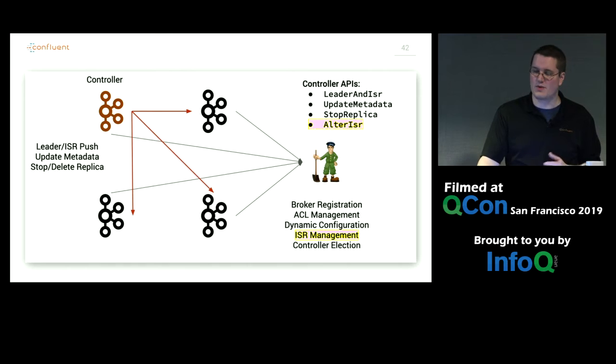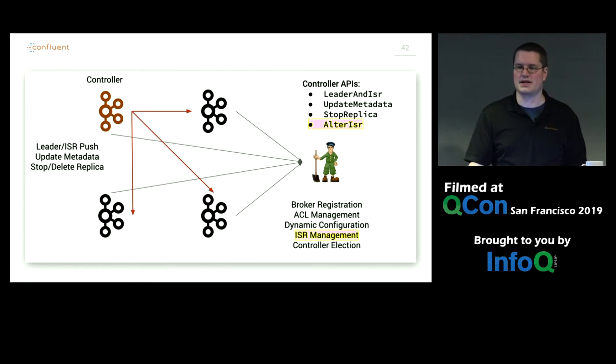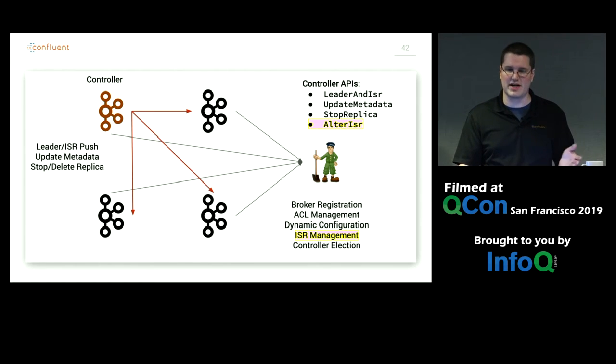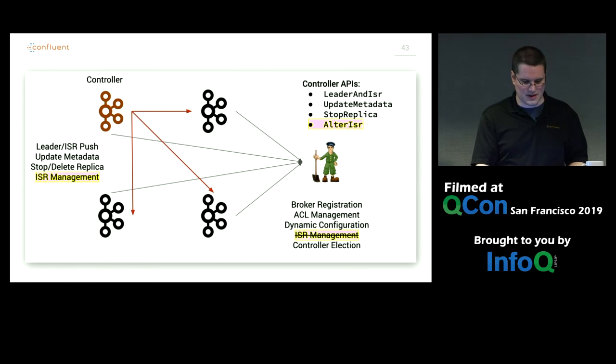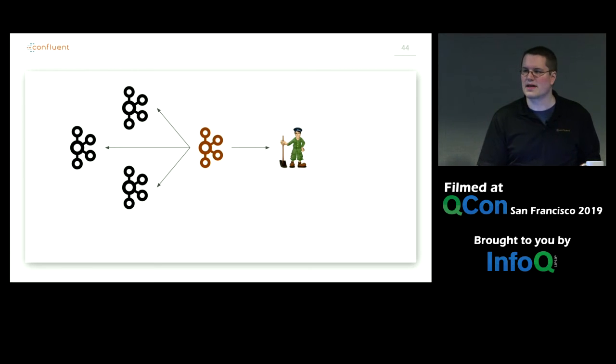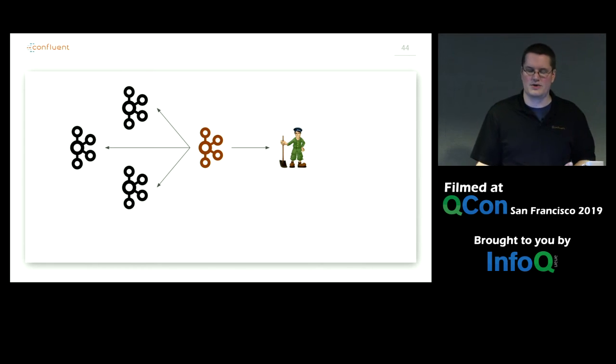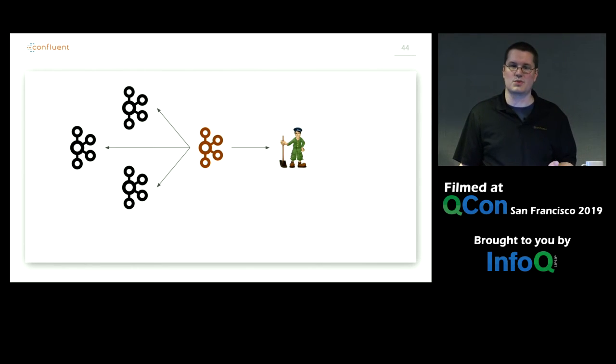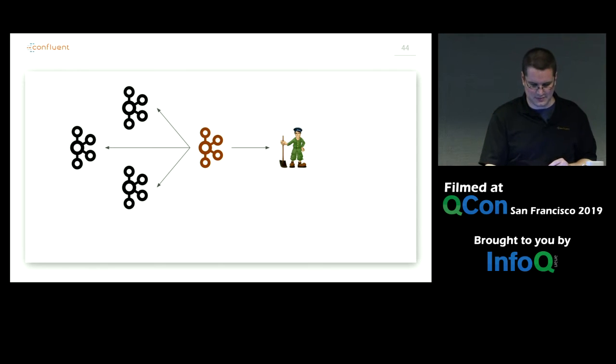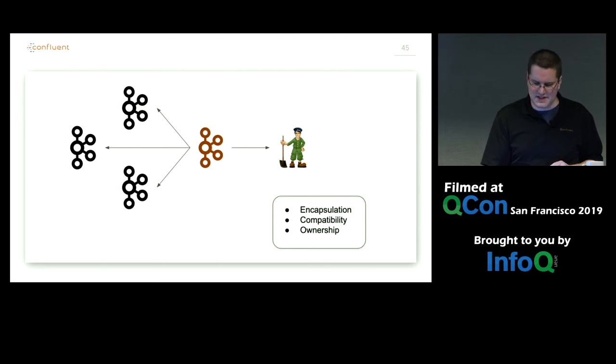So one of the things that we've been working on lately is actually creating APIs to avoid having this kind of direct Zookeeper access from brokers. So the model that we'd like to get to is a model where we centralize the Zookeeper access in the controller. So the controller is sort of the node that we're going to delegate this work to. And that gives us, again, a lot of the same benefits we had before.